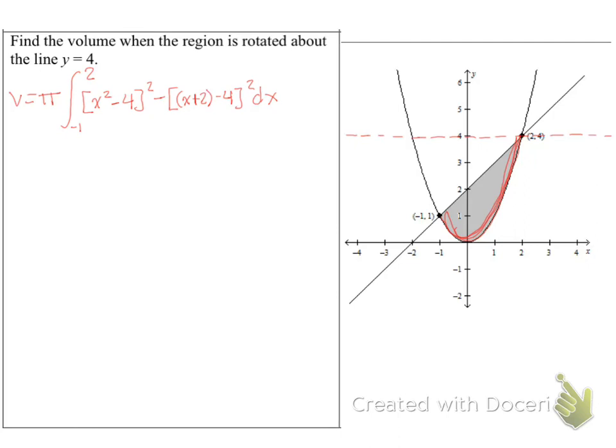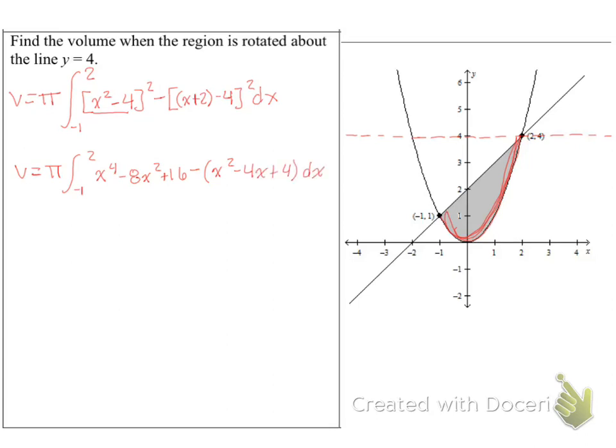If we simplify that a little more, what is that? x to the 4th minus 8x squared plus 16. That's what this one equals. And then minus, what is that? x squared minus 4x plus 4.